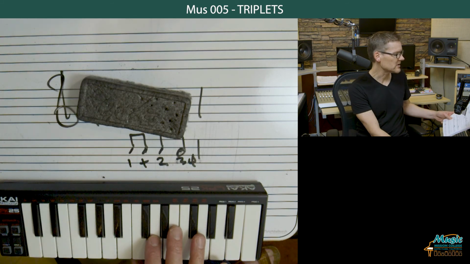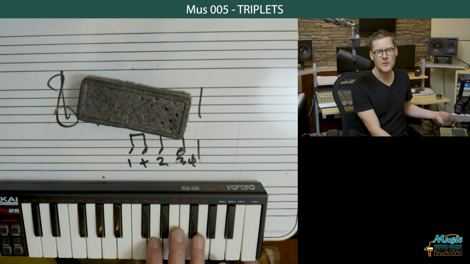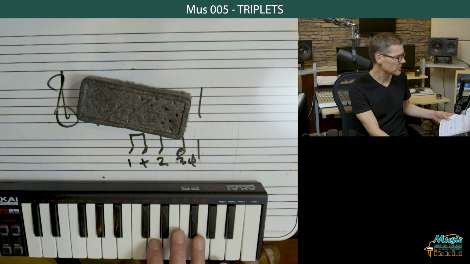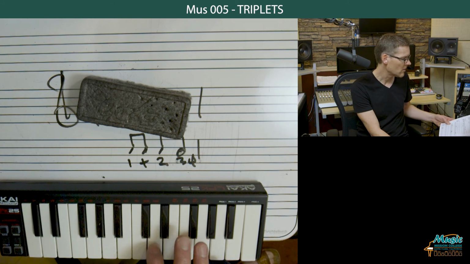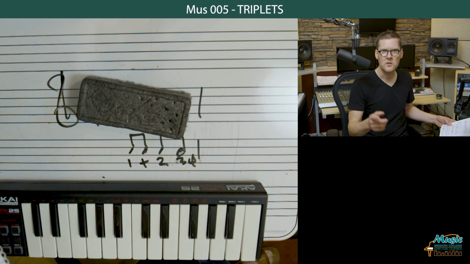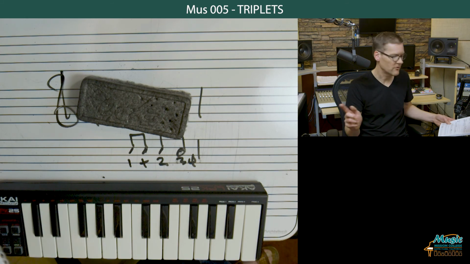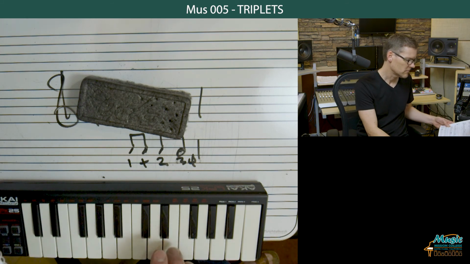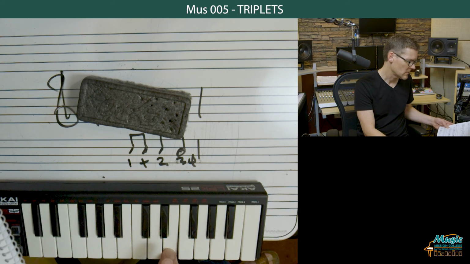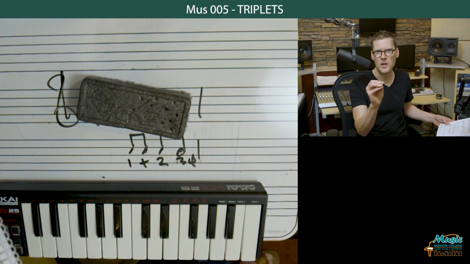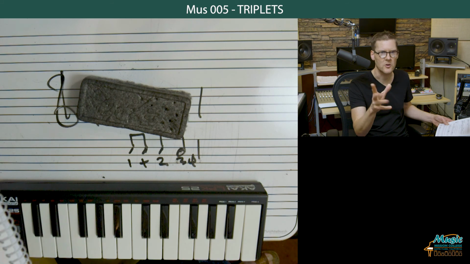If you look at the book, there's this march from the Nutcracker Suite, and it's got eighth notes, regular eighth notes, and then it has some triplets in there. 2 and 3 and 4 and. 1 triplet 3 and. Right? 1 triplet 3 4 1 2 3 4. So we're just kind of compressing those 3 eighth notes and putting them in the space where there would normally be 2.